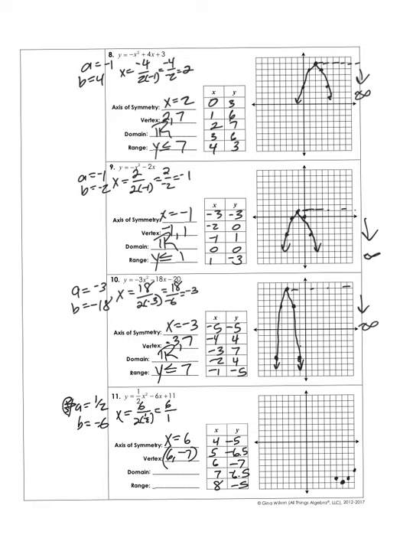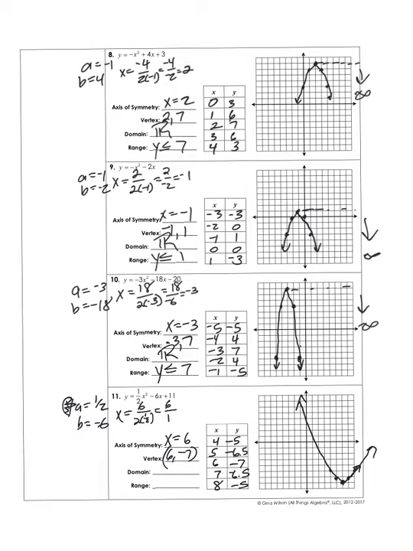And 4, negative 5. Okay. So the graph looks something like this. Okay. And hopefully you notice that this graph is actually a little wider than our previous graphs.